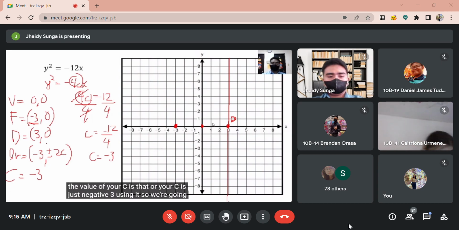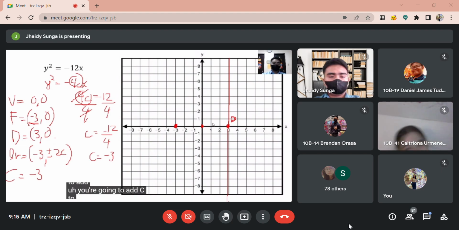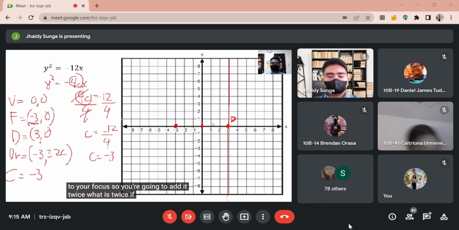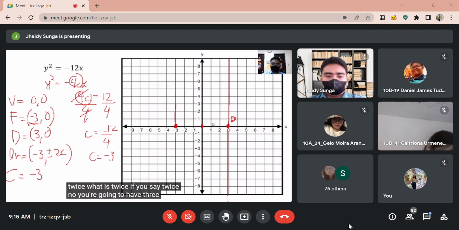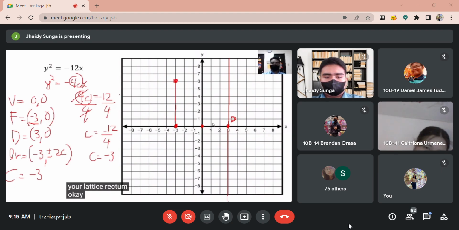So you're going to add c to your focus. So you're going to add it twice. What is twice? You see twice. So therefore, this is your latus rectum. Okay, 2 times 3, the answer is positive 6.